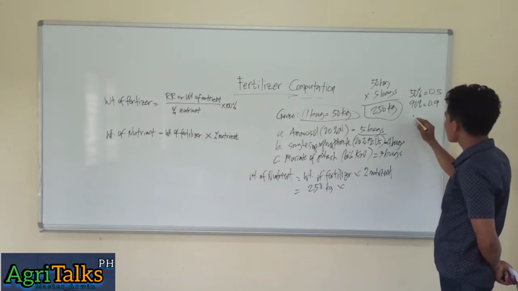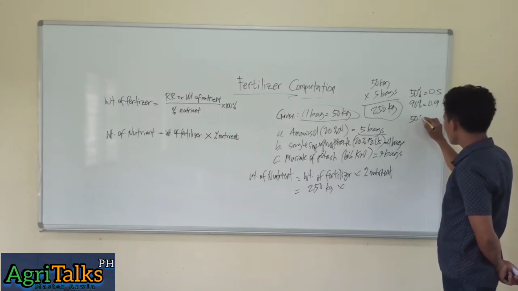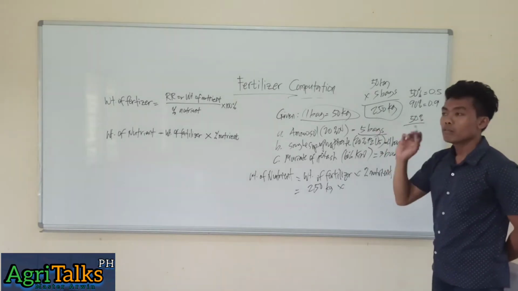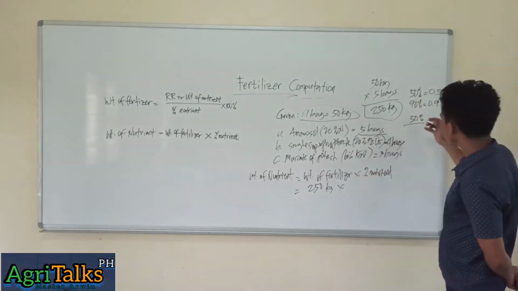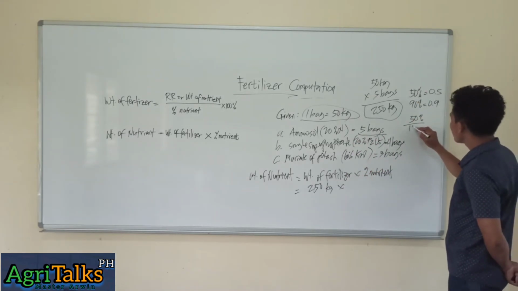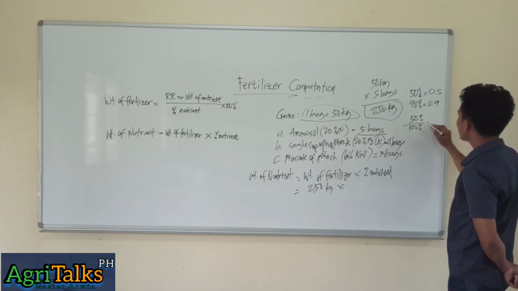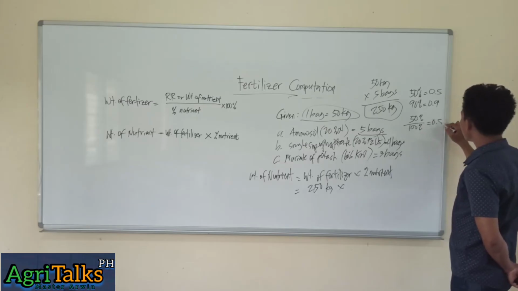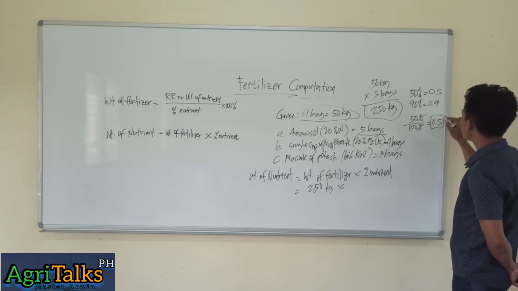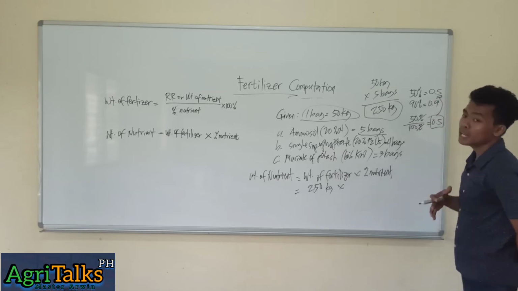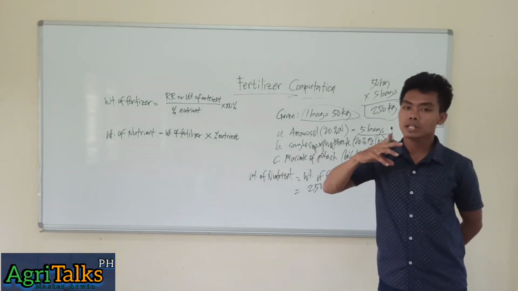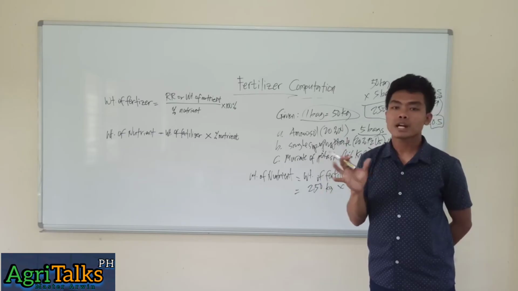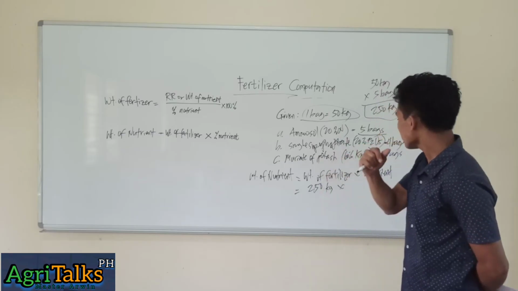It goes like this: 50% divided by the perfect percentage, which is 100%, that would be 0.5. Cancel percent, cancel percent. So 50% is also equal to 0.5. They are the same.